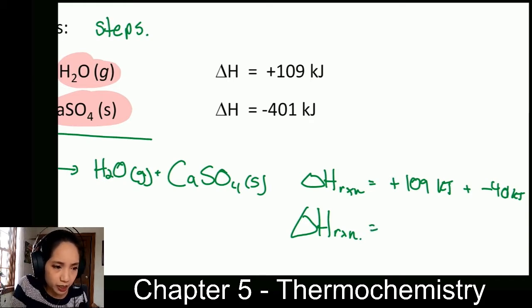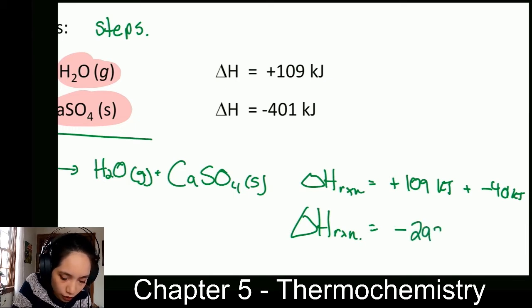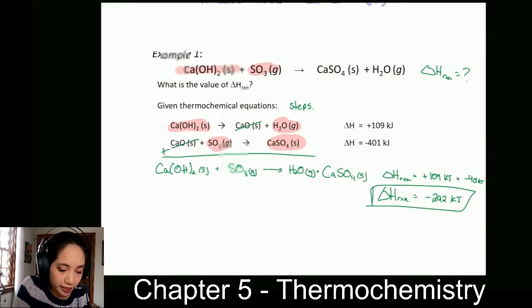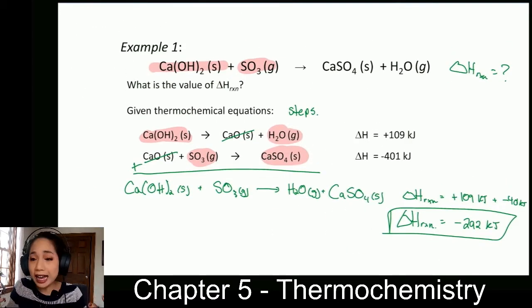We just have to add them together. So our answer here is negative 292 kilojoules. This example exemplifies that we can add up steps to get to a target chemical reaction and calculate the delta H of that overall reaction given certain steps.